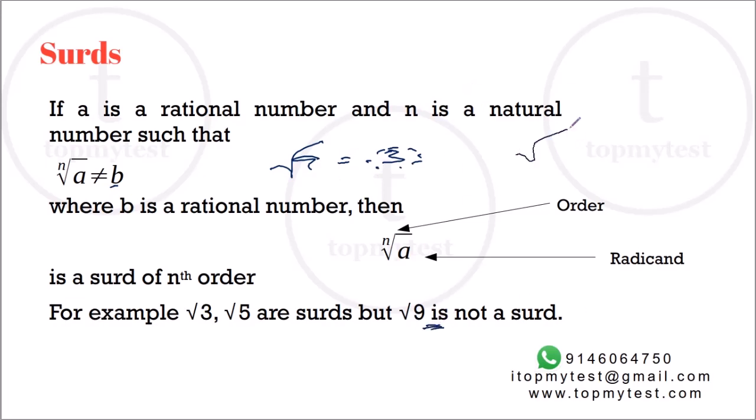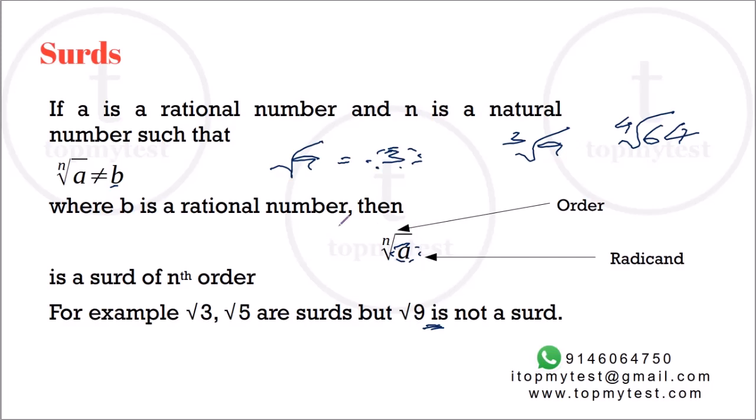However, the third root of 9 will be a surd. The fourth root of 64 will be a surd, right? So all these values are there. Now, A, which is your base in case of an index, is called a radicand. N is the order of the surd, right?